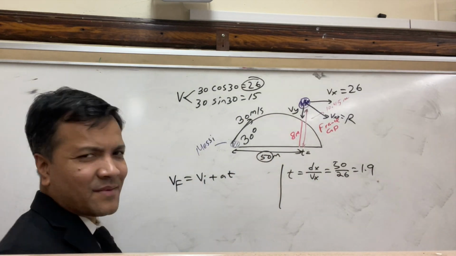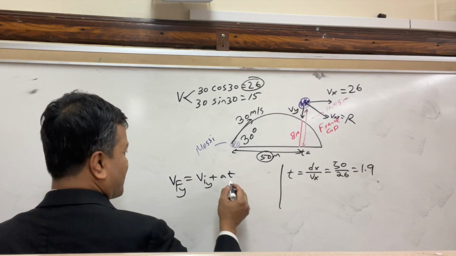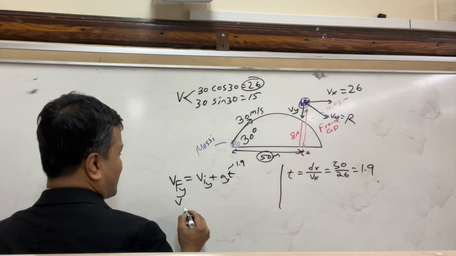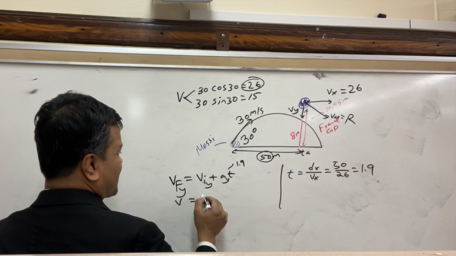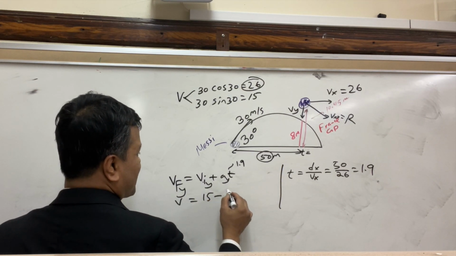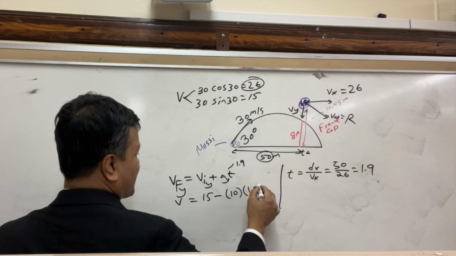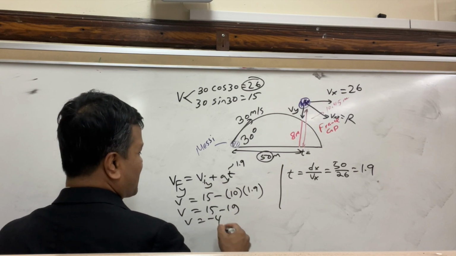I want to find the velocity in the y direction at 1.9. So how much is this? Velocity initial in the y direction is 15 minus 10 times t, which is 1.9. So velocity is 15 minus 19. So velocity is minus 4.